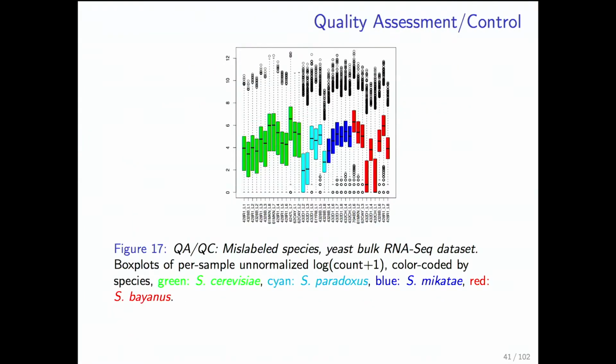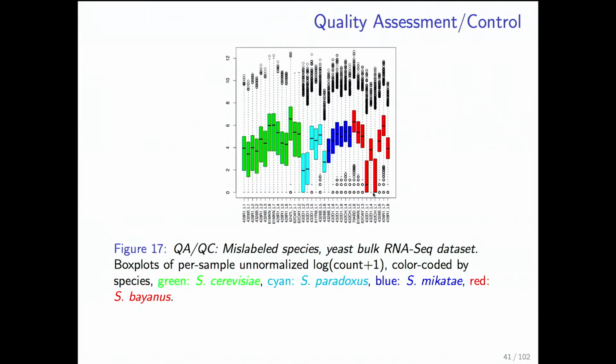And then finally, I'm looking at an old data set to illustrate the importance of looking at data before jumping into black box analyses. This is an old yeast bulk RNA-Seq data set where we're looking at RNA-Seq for 4 yeast species, Saccharomyces cerevisiae, paradoxus, mikatae, and bayanus. Just by looking at these simple box plots of log counts, we noticed 4 very low box plots.